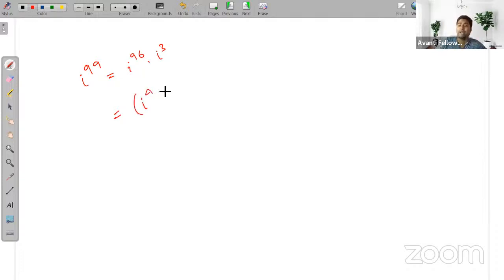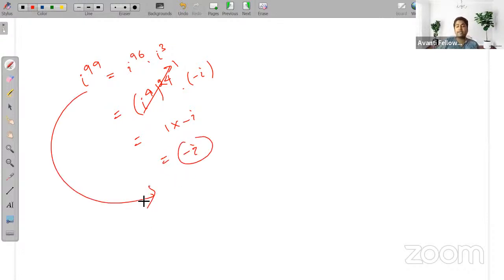Yes, that is I to the power 4 whole to the power 24, since 24 times 4 is 96. So this becomes 1, and I cube is minus I. So 1 into minus I, and finally I to the power 99 is minus I. Is that clear to everyone, guys? Let me know in the chat box if it is clear to all.